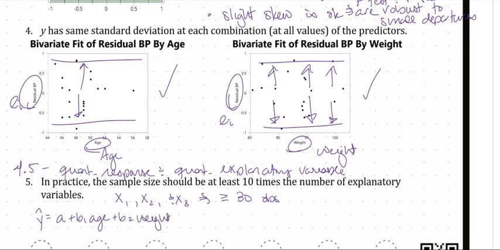So that's 2 variables. We need at least 20 observations. And it turns out we've satisfied that because we have exactly 20 observations. So we are right on the border of being able to satisfactorily estimate these coefficients, to estimate these parameters.